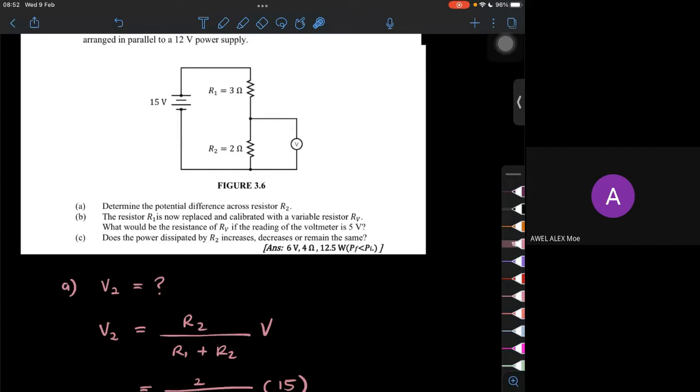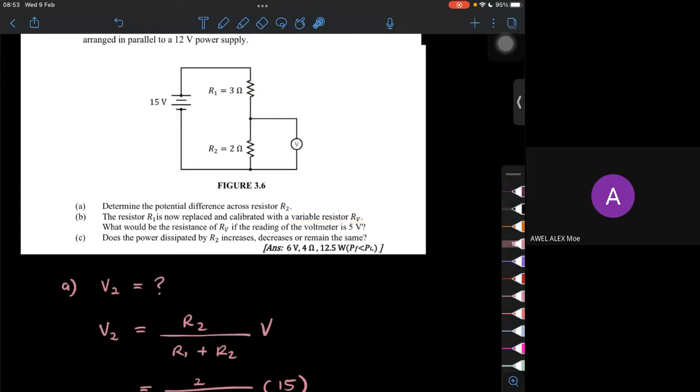Okay, soalan B. The resistor 1 is now replaced and calibrated with a variable resistor RV. What would be the resistance of RV if the reading of the voltmeter is 5 volt? Okay, so resistor 1 dekat sini, kita replace with RV, which is variable resistor.